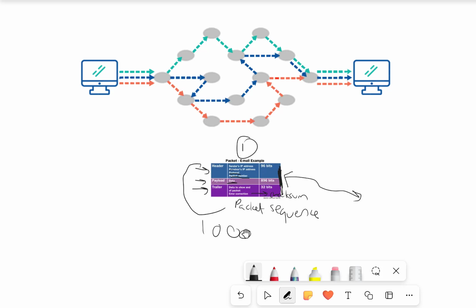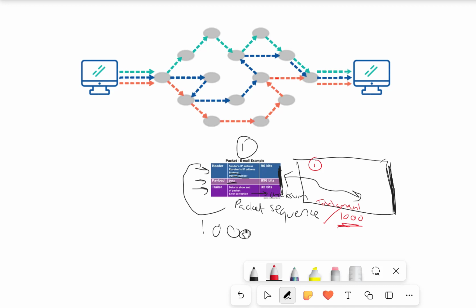Expect potentially another packet after me. And there'll be another packet sent after that with the same data sheets at the end. It would also have in the trailer the total amount of packets which are being sent, so like 1,000. So in the header it will have like 1 out of, in the trailer, 1,000. So that way the receiving computer knows how many packets it is to be expecting as well.